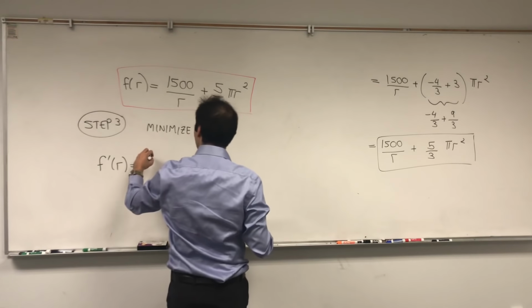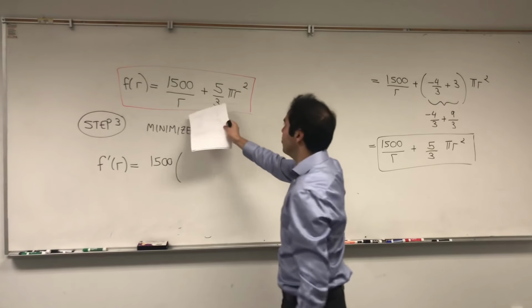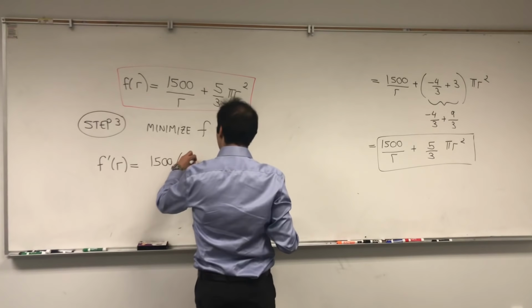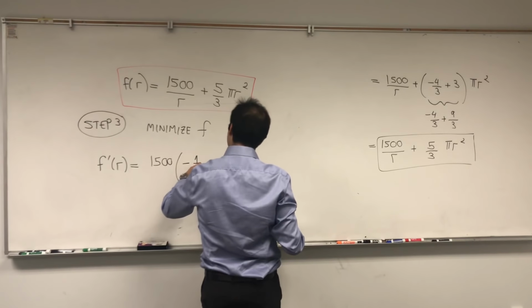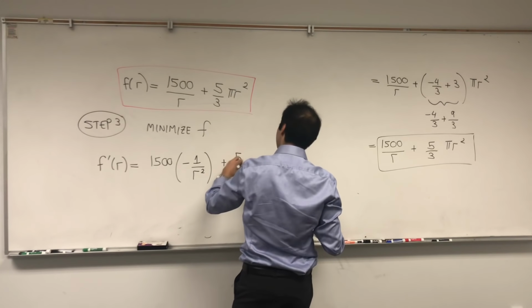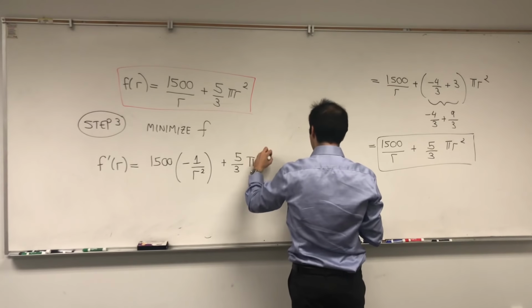Again, the 1500 comes out. And now the derivative of 1 over r is minus 1 over r squared. And then plus 5/3 pi, and the derivative of r squared is 2r.